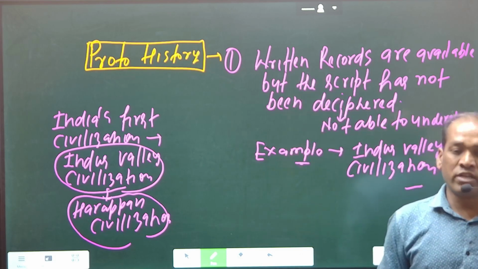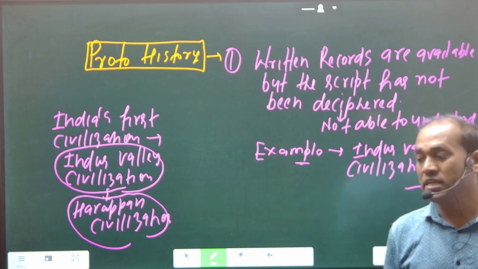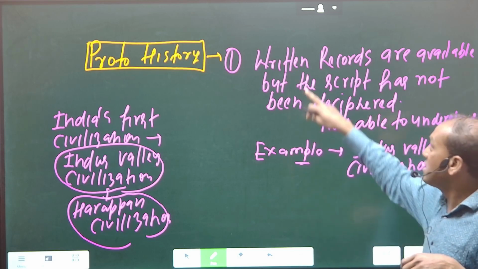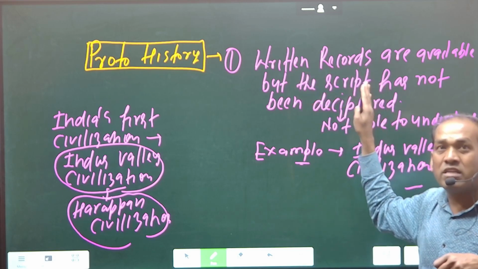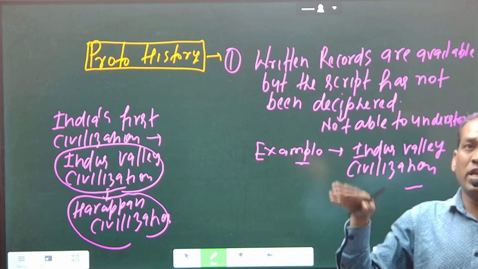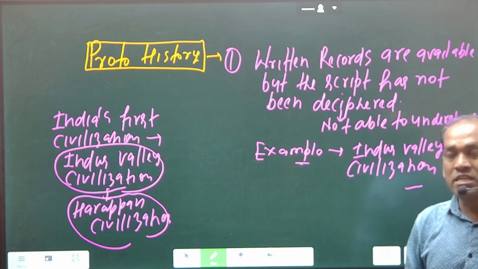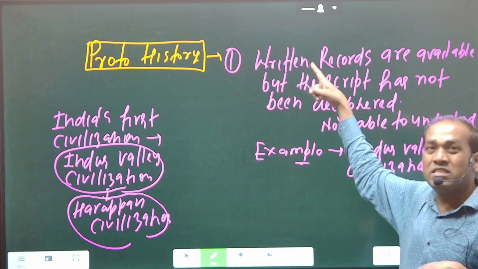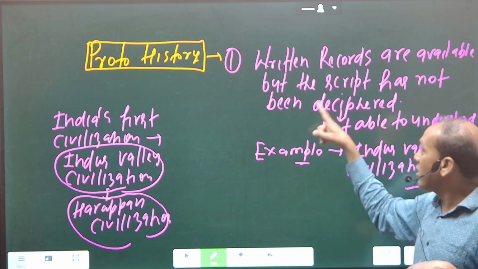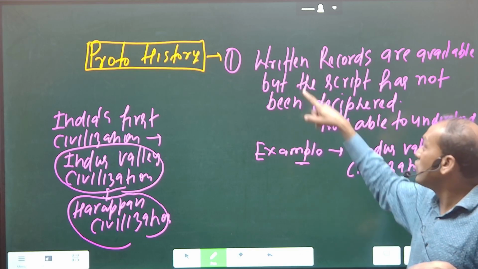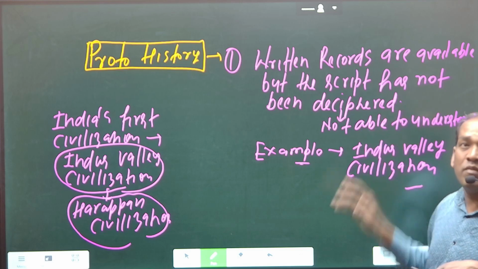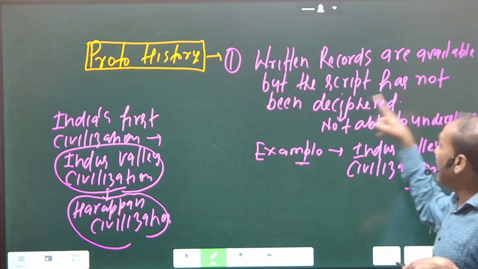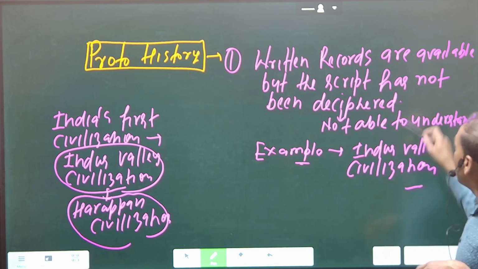Okay, so what you can say in proto history? So in proto history you can say that written records are available, but the script used in these written records we are not able to understand. Written records are available, but the script has not been deciphered so far.